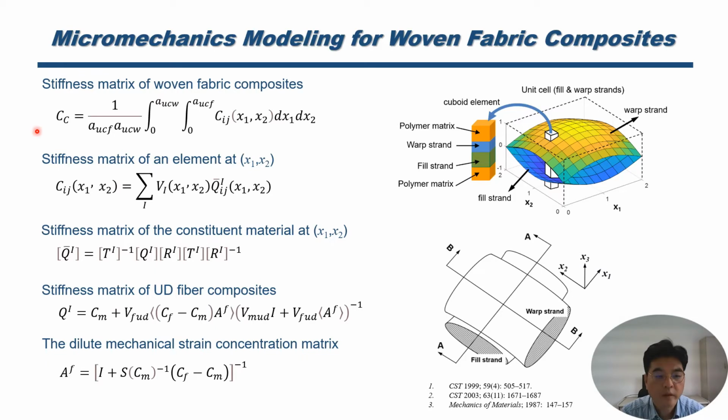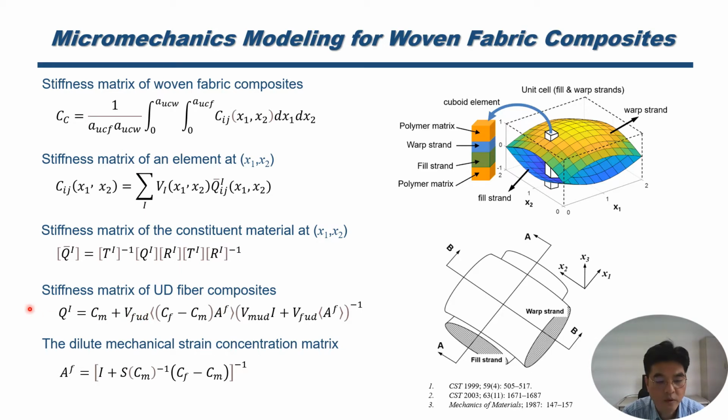You can get the elastic properties from the stiffness matrix of the woven fabric composite, like Young's modulus, Poisson's ratio, and shear modulus. To obtain the stiffness matrix for the woven composite, you have to calculate the stiffness matrix of the UD fiber composite first. That's for strands.